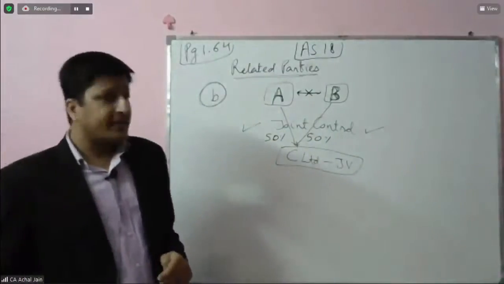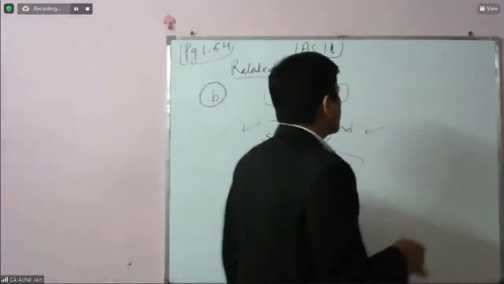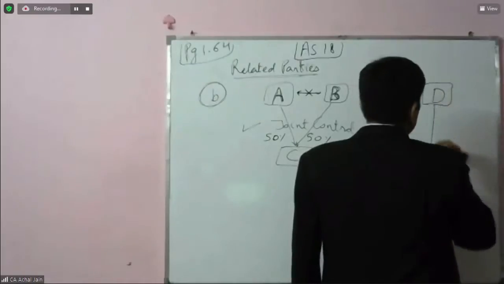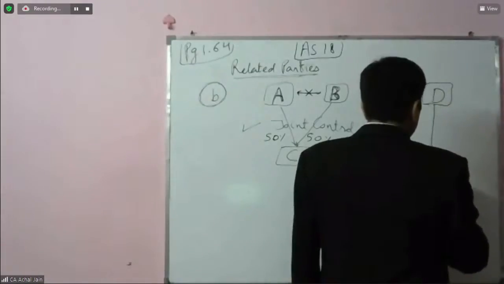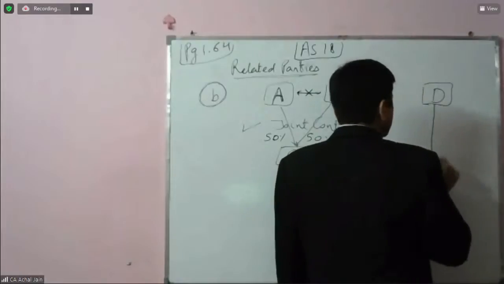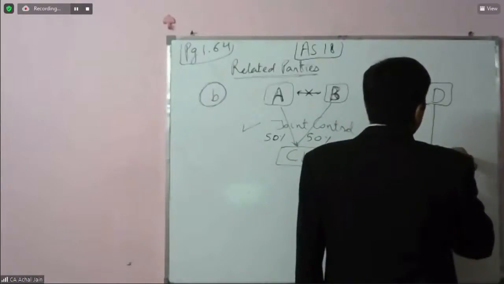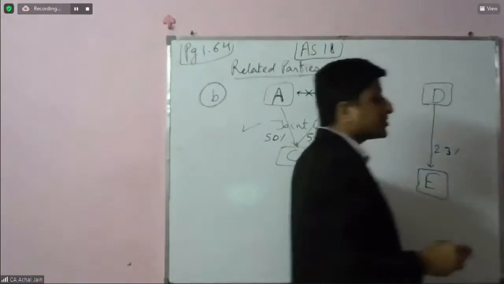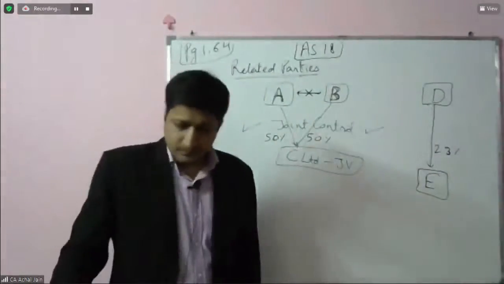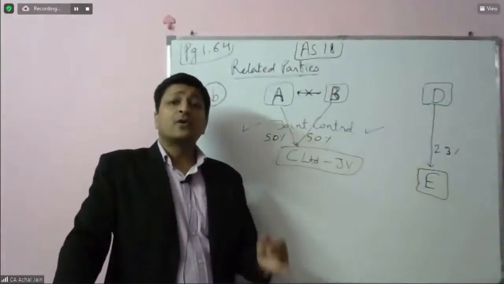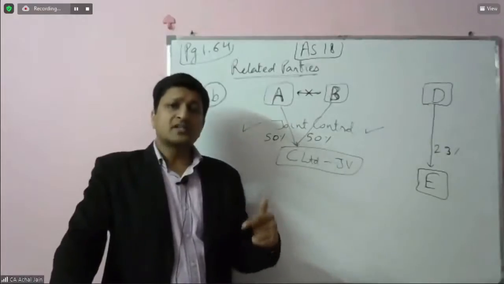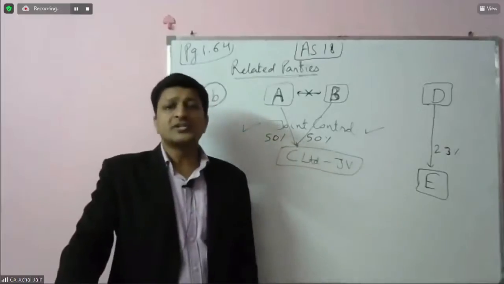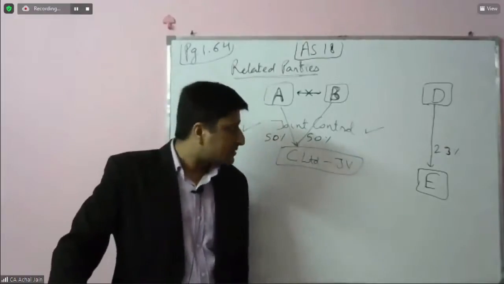Further on to the same point, it says, let's suppose there is a company D which holds, say, 23% equity shares of E. Please remember that for control, you will understand this in more detail when we will be covering AS21 or say consolidation, consolidated financial statements.